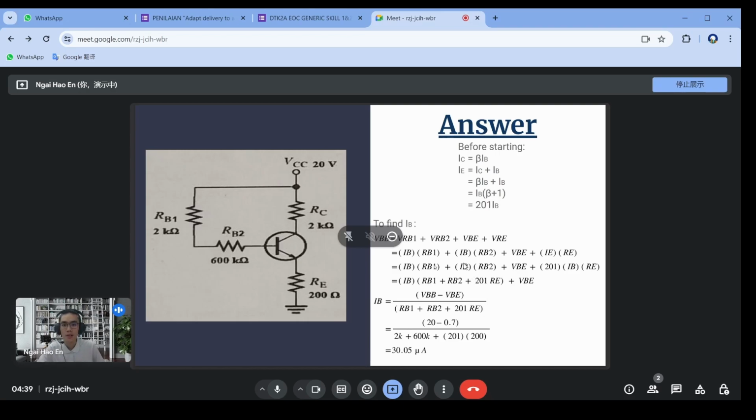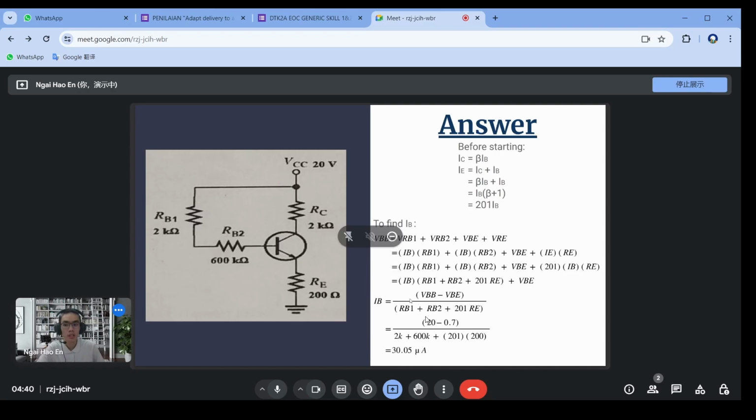Since our transistor here is the silicon type, VBE is equal to 0.7 volt. We can write our formula as IB equal to VBB minus VBE per RB1 plus RB2 plus 201 times RE.